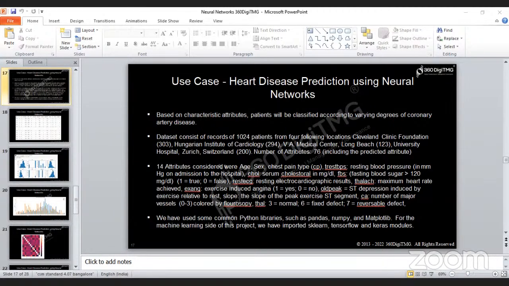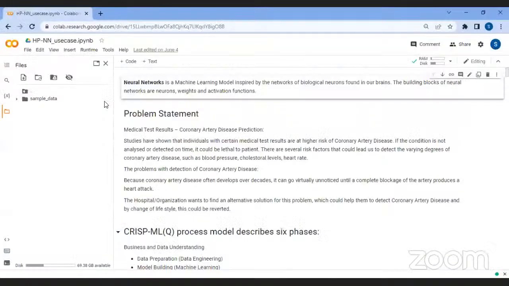So here we have the problem statement we are working on. I have taken my file in Google Colab. Okay, so here I have the data.